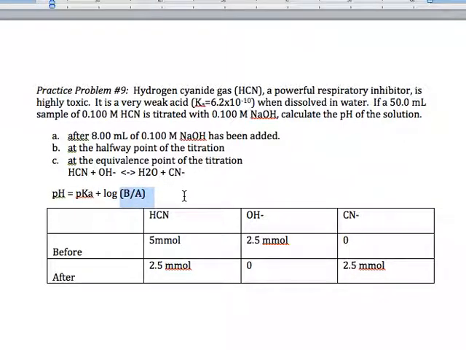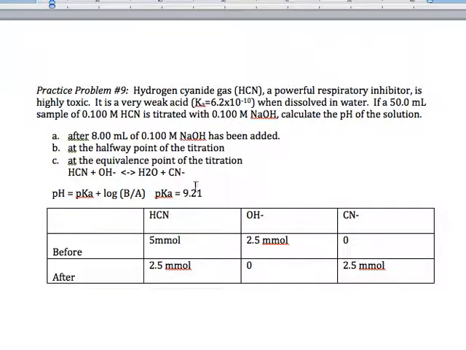So anytime you have the halfway point, the pKa is going to be equal to the pH, because the log of 1 is 0. So in this case, we already saw for our pKa in part A, our pKa is 9.21. Okay, so part B is done.